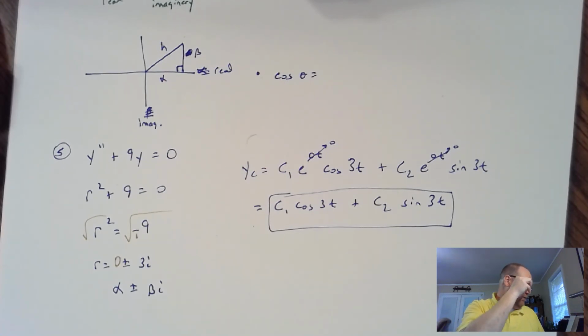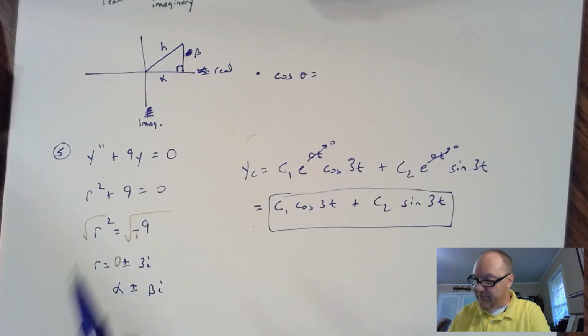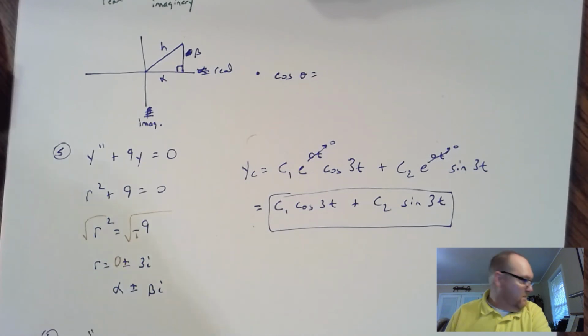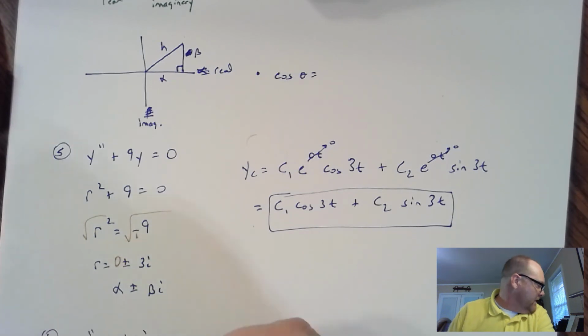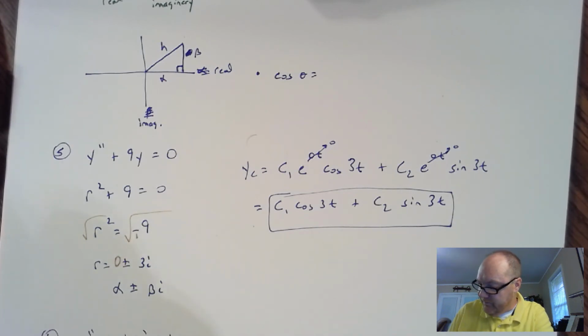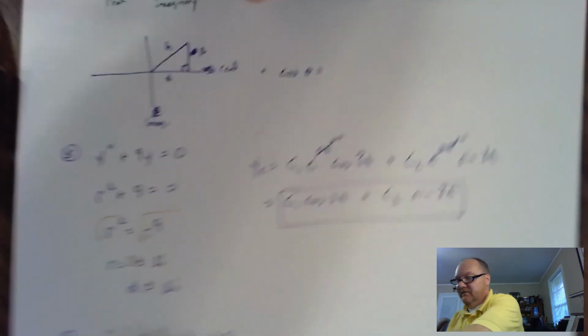Let me find us one where we get maybe a real piece with it. Let's try number 6. This textbook says W double prime, and I'll do that just to keep us honest, plus 4W prime plus 6W all equal to 0.